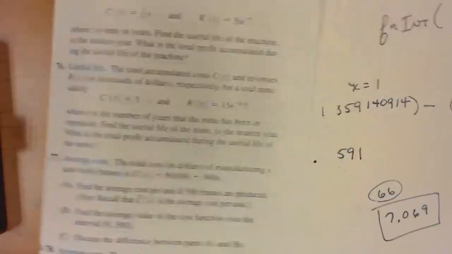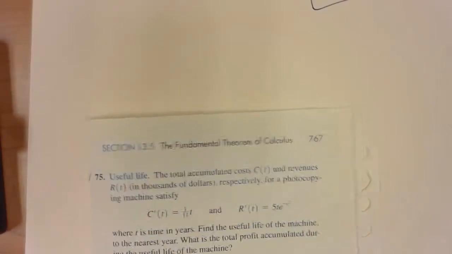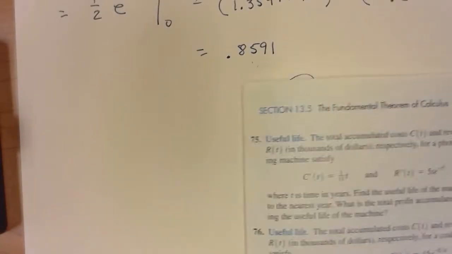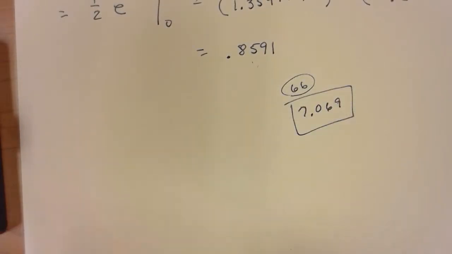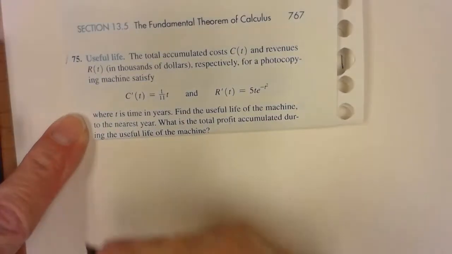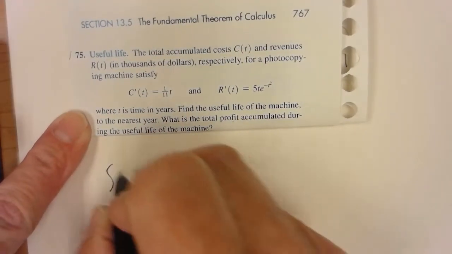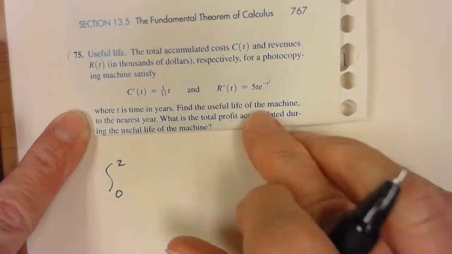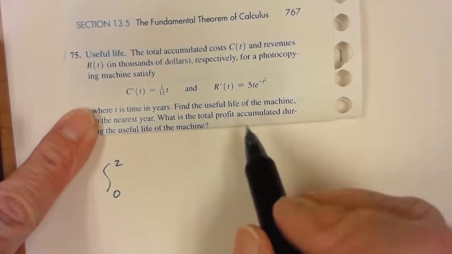So let me start writing out my function here. I'll do it that way. So I'm going from 0 to 2. 0 is when they bought the machine. Now it talks about profit.